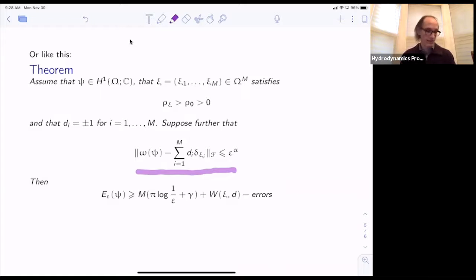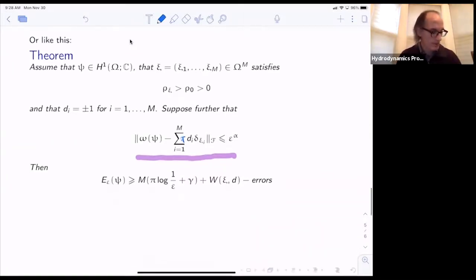And then I'm entitled, based on the previous theorem, to assume that once I put the factor of pi here, this is true, then what happens is that we have very precise energy asymptotics.